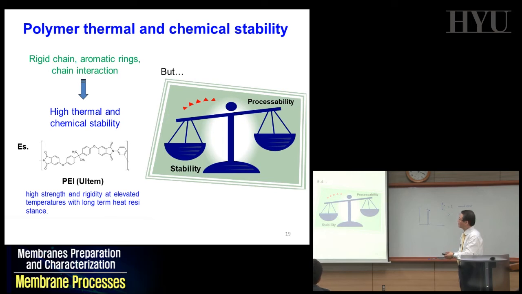But if you increase the stability, then you lose the processability. So it's not that simple. You have to think about various factors, other than just the free volume or the aromatic structure, but also the processability. So you need much more experience than just the knowledge in the class.